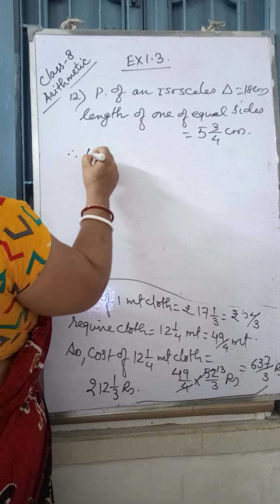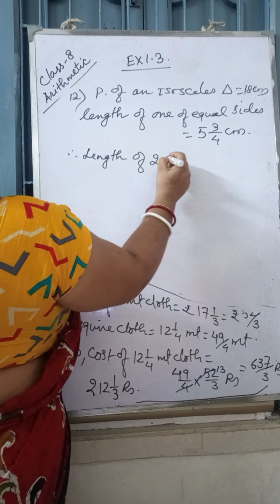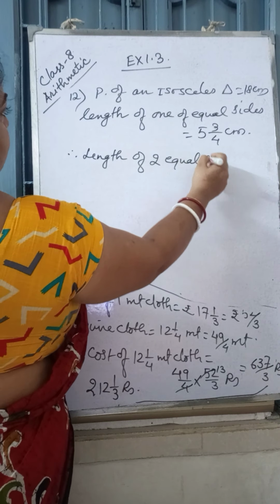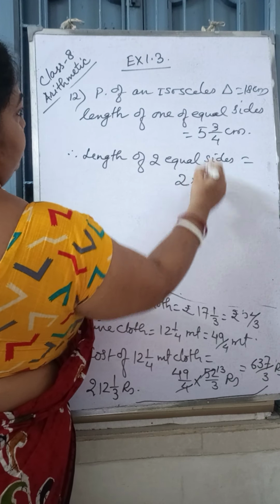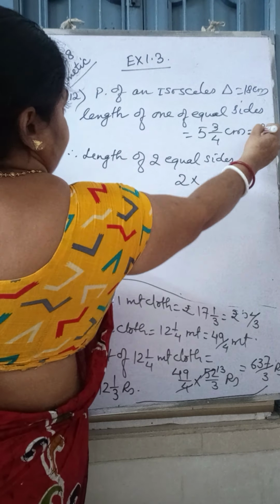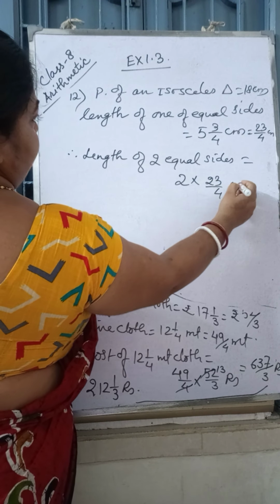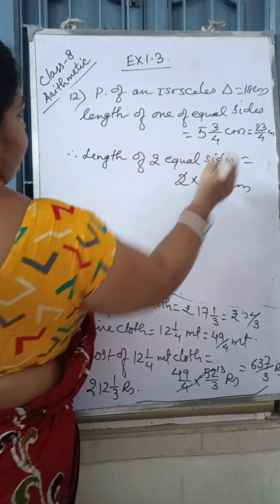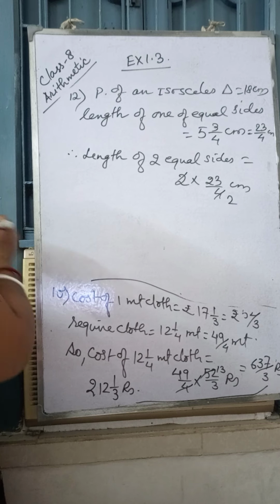So the length of two equal sides would be 2 into 23 by 4 centimeter. If one equal side is 23 by 4, so two equal sides is 23 by 2 centimeter.